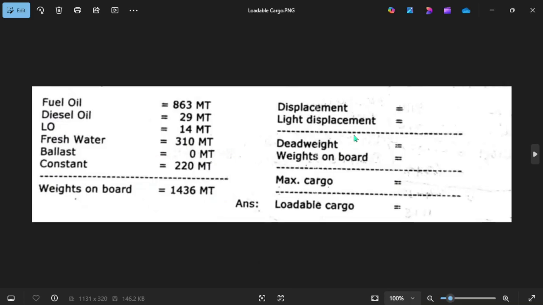Take note of this one, guys. Displacement, light displacement, deadweight, weights on board, maximum. This will be your cargo.